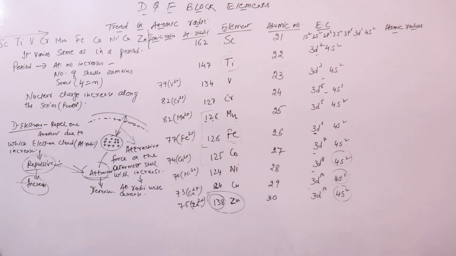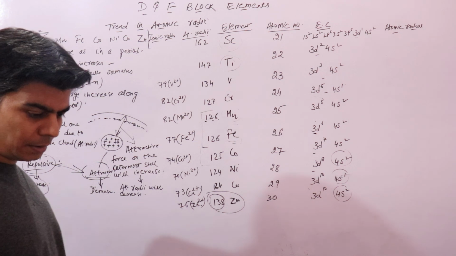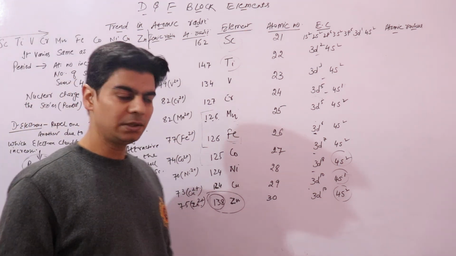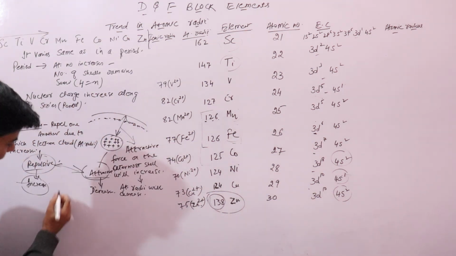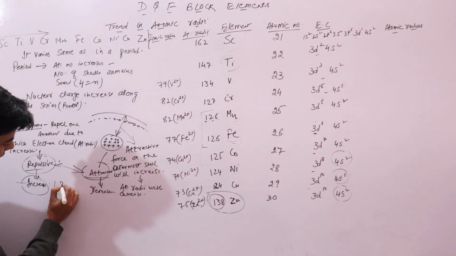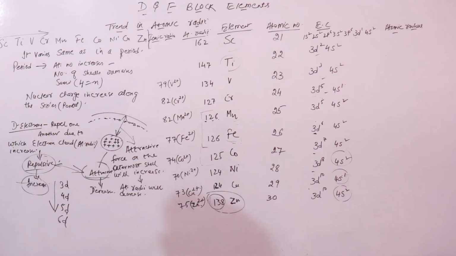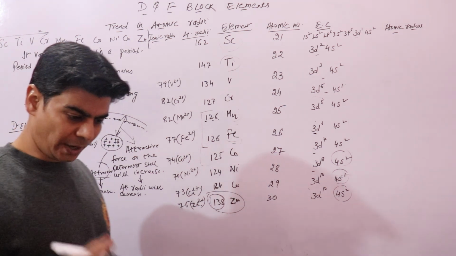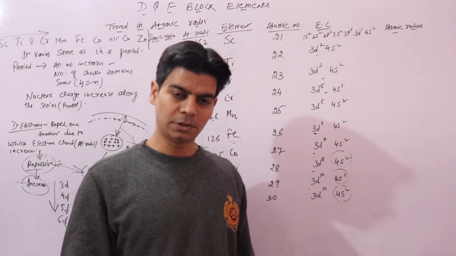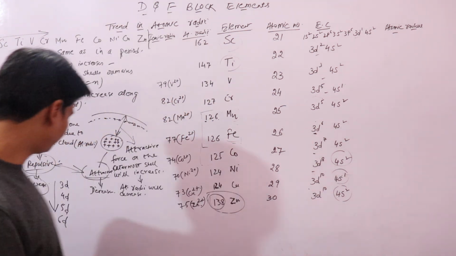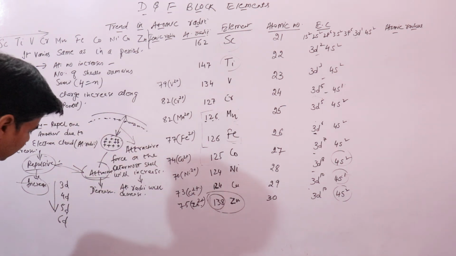Now let's look into the trend in the atomic radii down the series. As you move down, you have the 3d series, the 4d series, the 5d series, the 6d series. So how does the atomic radii vary down the series, for elements of different transition series?